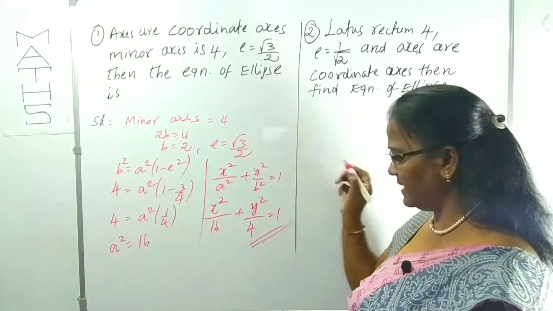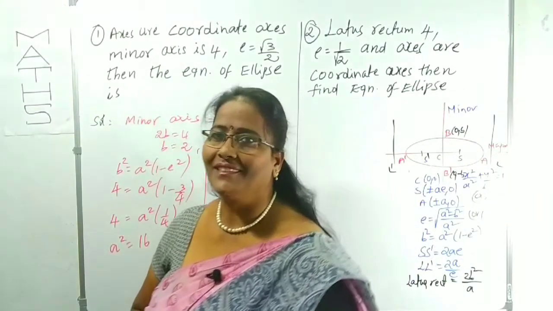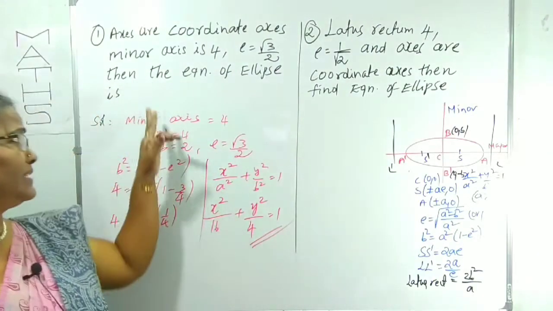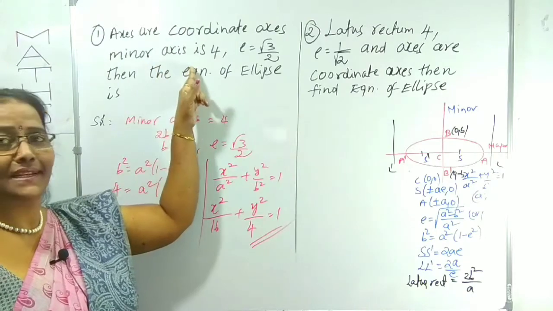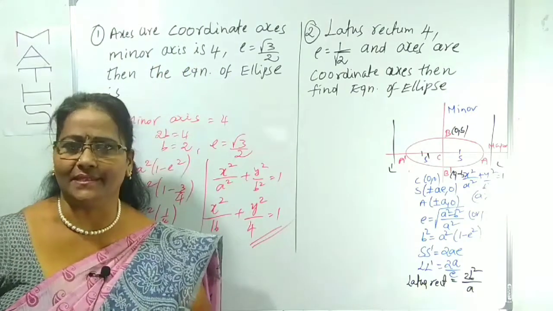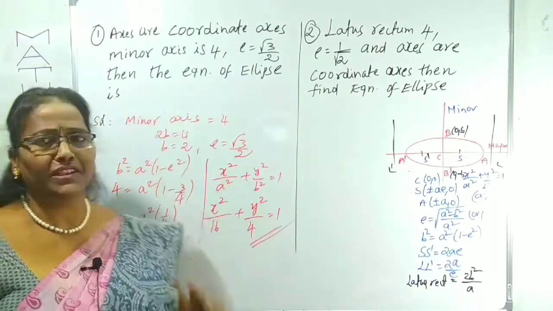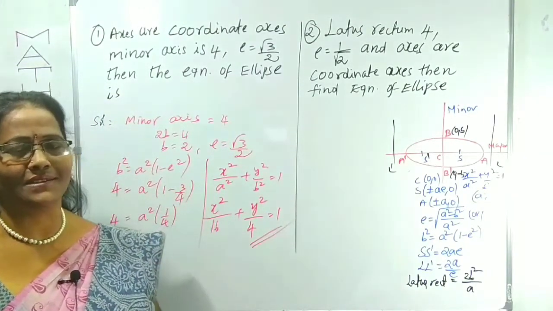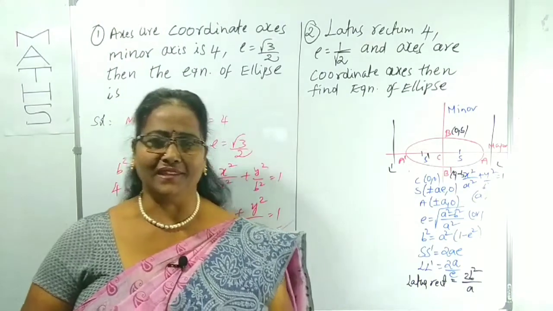This is our required equation of the ellipse. Clear? What is the given content that I used here? The minor axis length is given, the eccentricity is given, and it is also given that the axes are the original axes, major axis along the x-axis, minor axis along the y-axis.